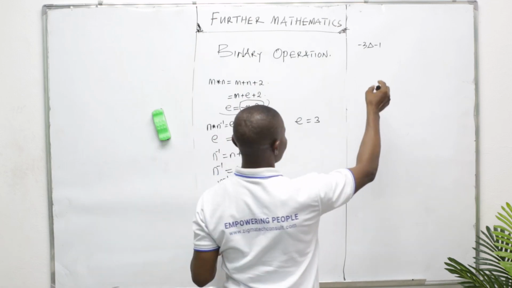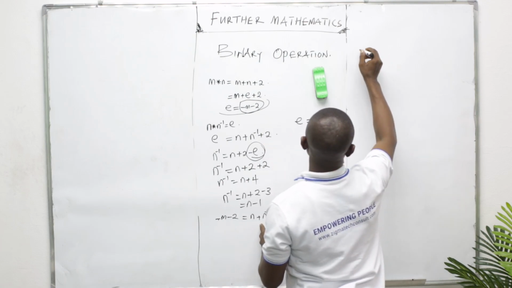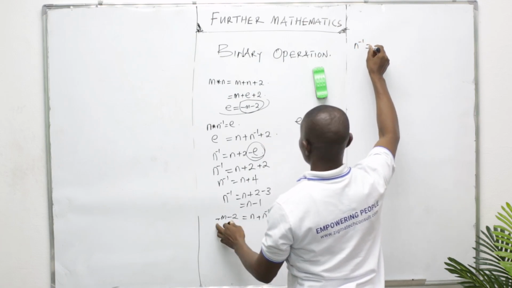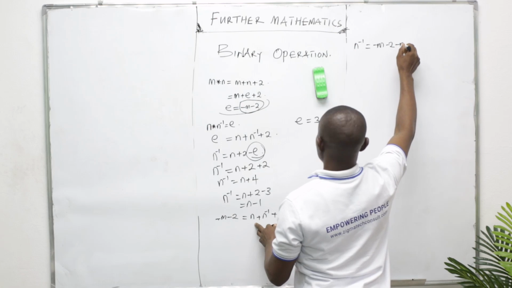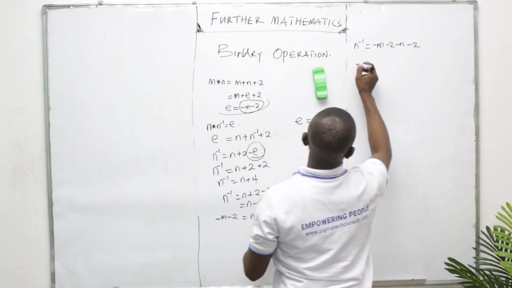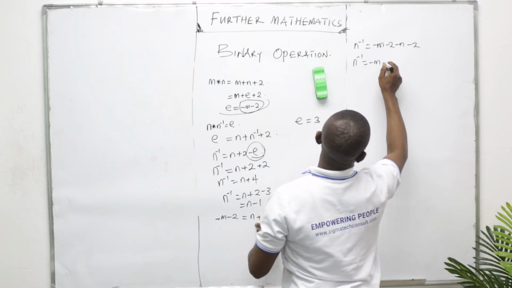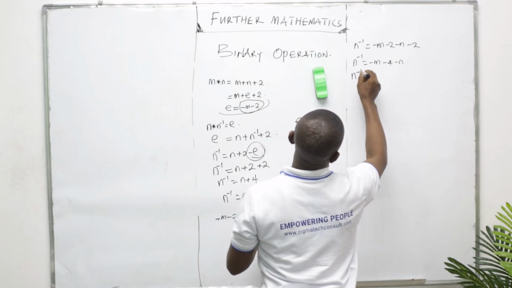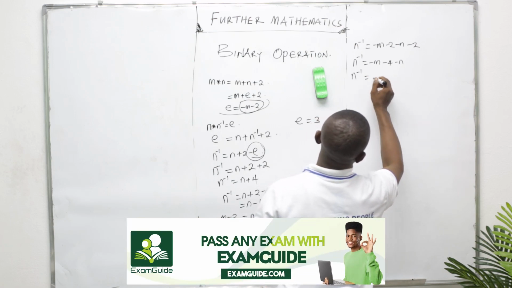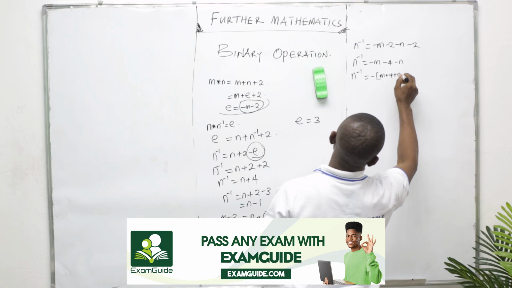Now taking this way so that we can get the clear information, N inverse equals minus M minus 2 minus N minus 2. We now have the inverse here equals minus M minus 4 minus N. So the inverse equals minus bracket M plus 4 plus N.